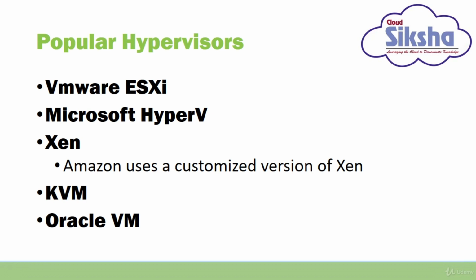Then from open source we have Xen. Amazon actually uses a customized version of Xen. Another open source project is KVM. And finally, Oracle has something known as Oracle VM. These are the popular ones. There are a few more which exist, but for our purpose this would serve.